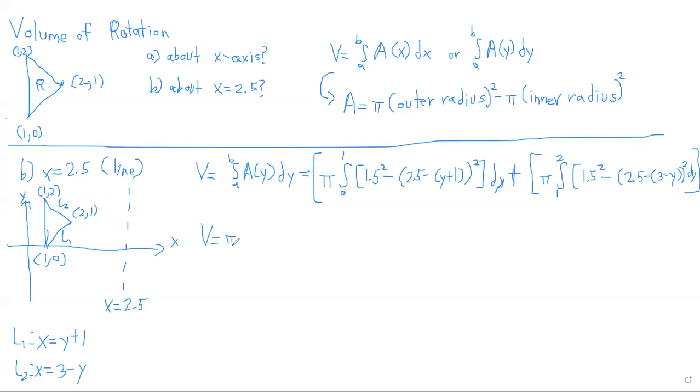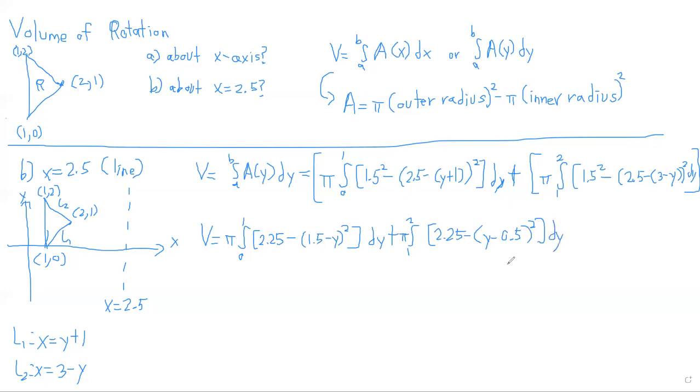So V is equal to pi, integral from 0 to 1, of 2.25 minus 1.5 minus y squared, plus, from 1 to 2, another pi, 2.25 minus y minus 0.5 squared dy.